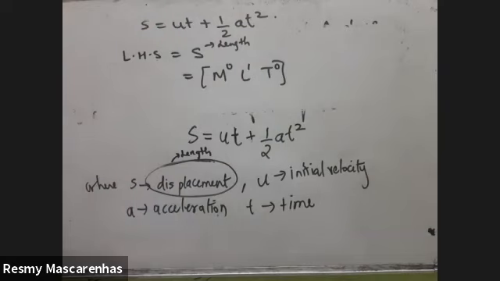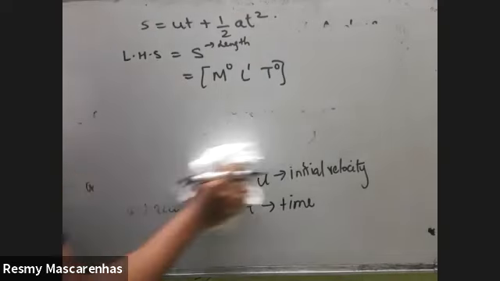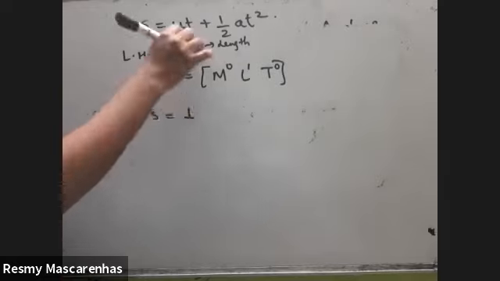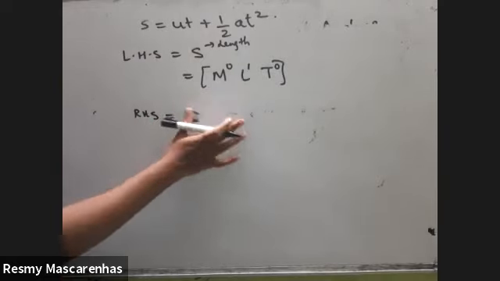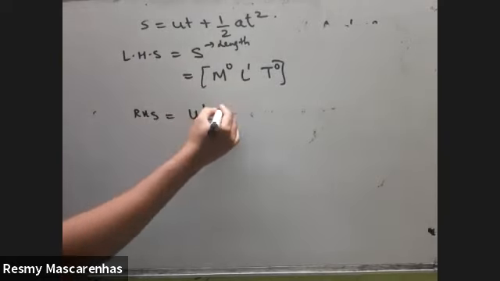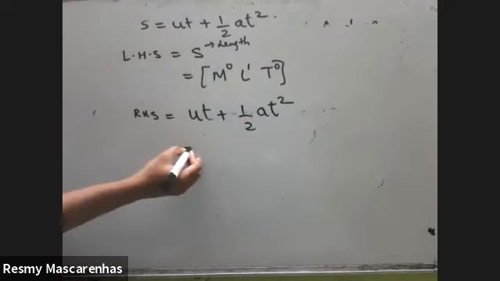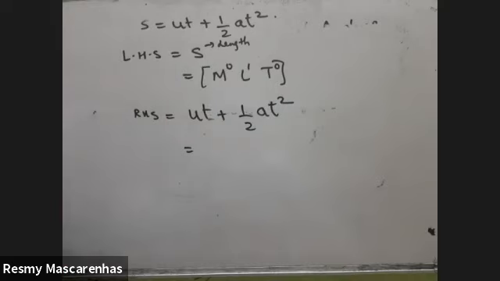Now we'll calculate the dimensions of the right hand side. u t plus half a t square. u is, as they mentioned, initial velocity.